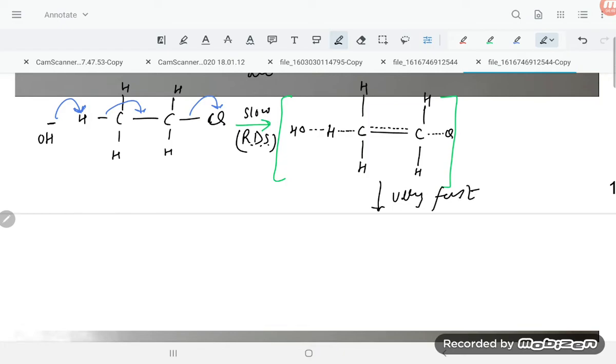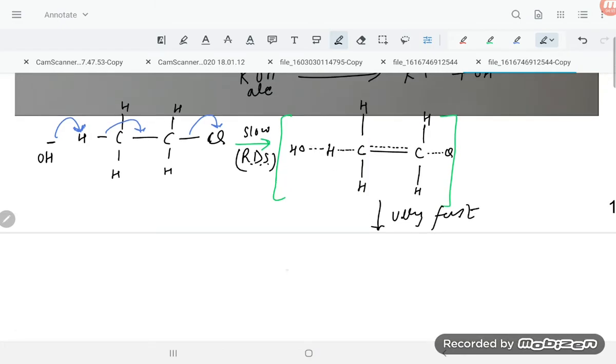This bond is getting split, so at the end this bond is completely formed here and this one is completely broken here. H2O is getting formed, here is C=C, you can write H2C=CH2, and Cl minus leaves.